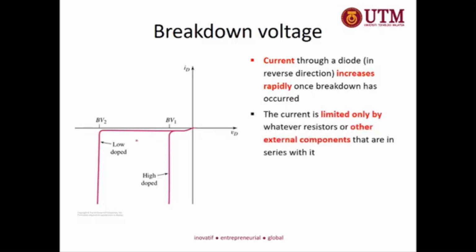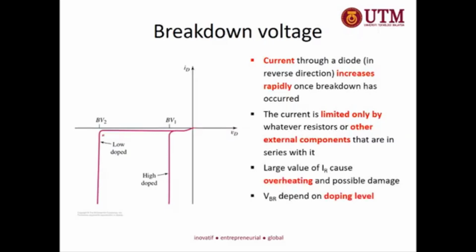Okay, the breakdown voltage, or the point where the current starts to increase in reverse bias, we call breakdown voltage. The breakdown voltage depends on several factors, and one of them is the doping level inside the PN junction.